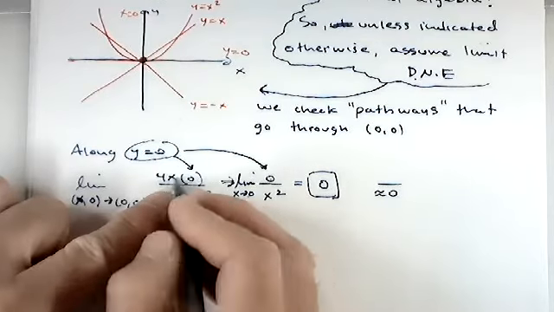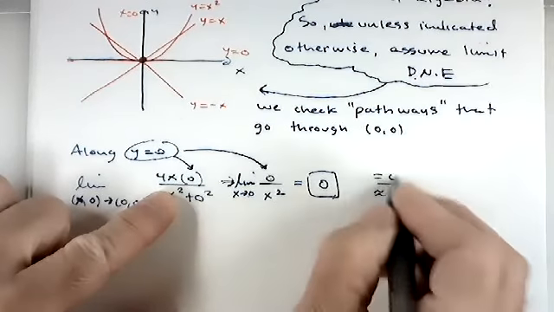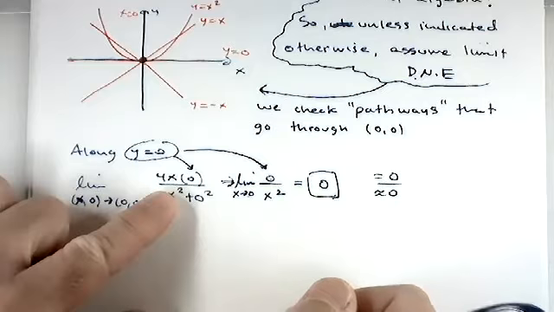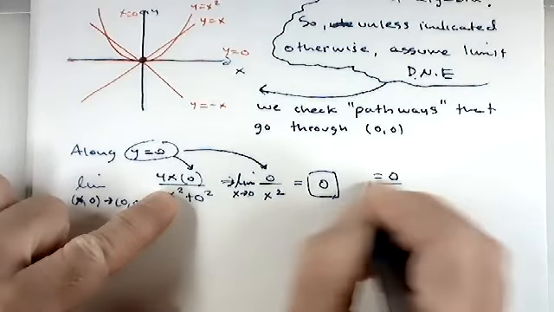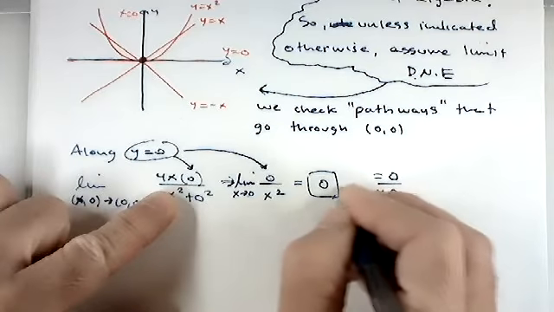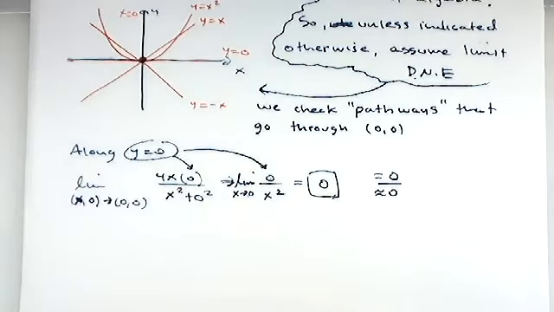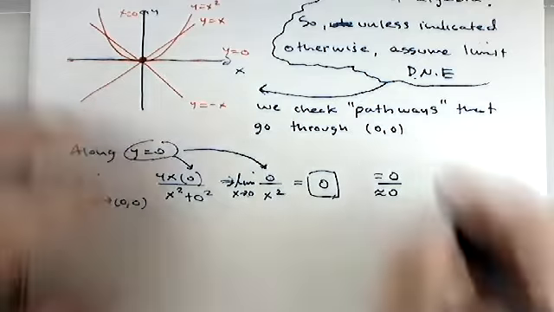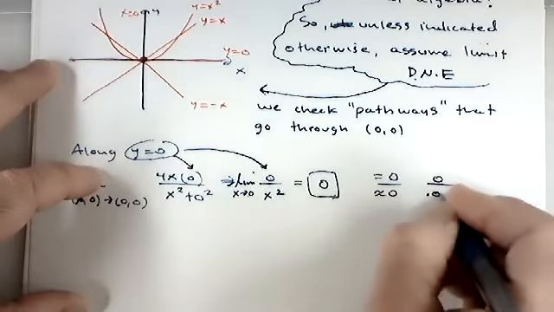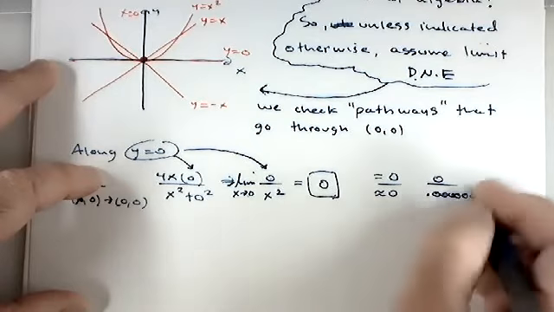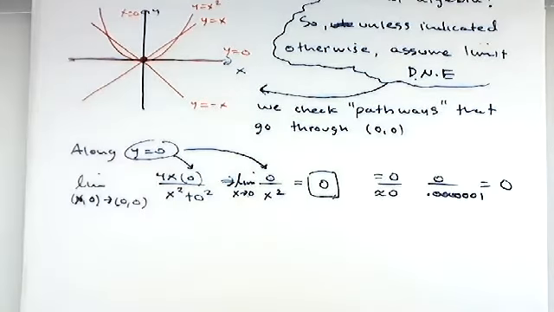And 0 times anything is exactly 0, right? And exactly 0, even over something that's really small, will be 0. So there's no contradiction there. It's kind of like if I did 0 over 0.00000001, well, that's still 0, isn't it? Because my numerator is 0.